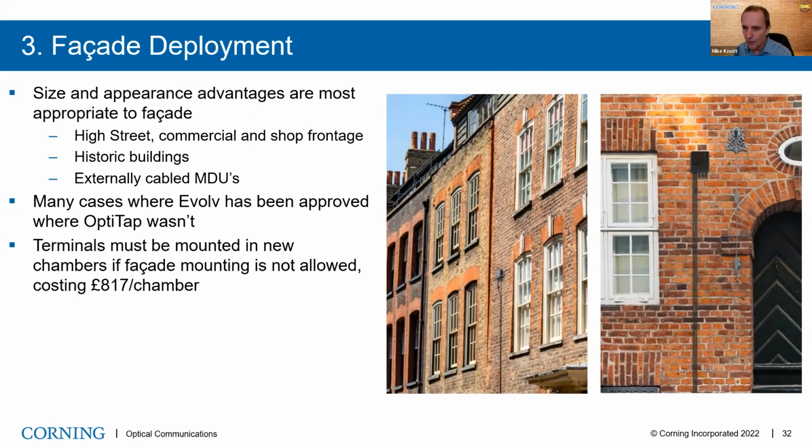And already there have been many cases where evolved terminals have been approved by building owners where OptiTap wasn't, even on historic buildings in conservation areas. What's the alternative? Well, if you can't use the facade, you need to build a new chamber, potentially at, again, £817 per chamber.